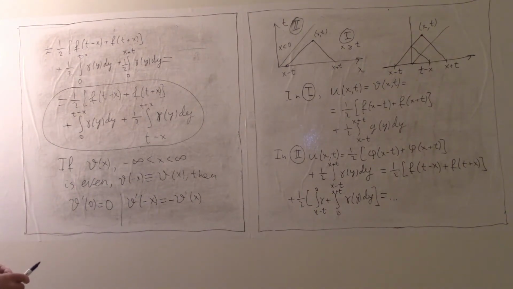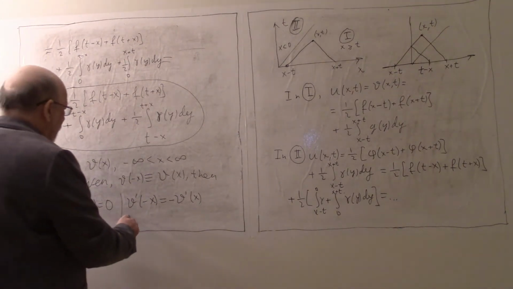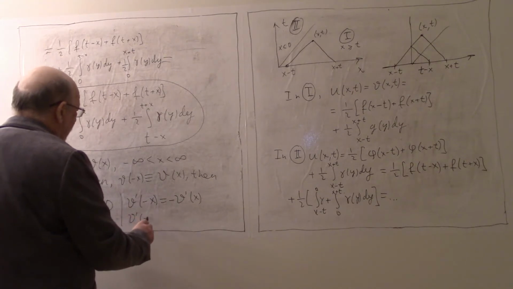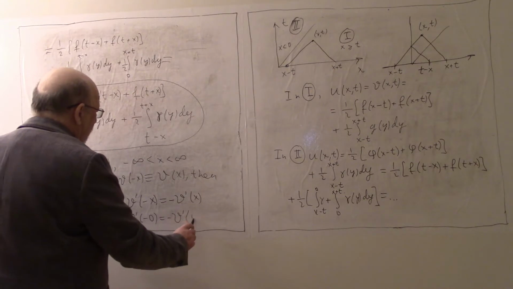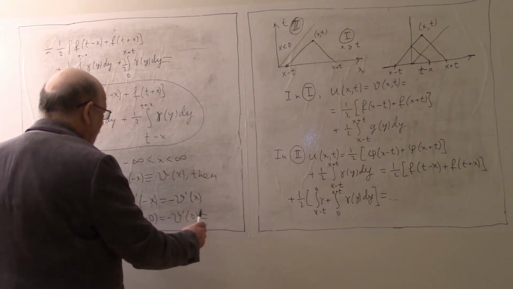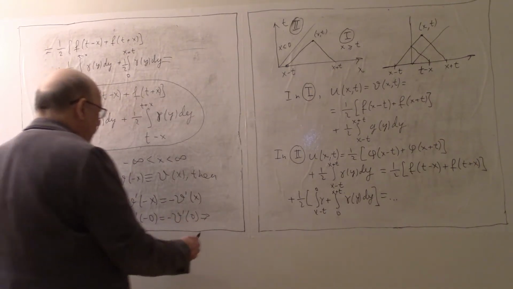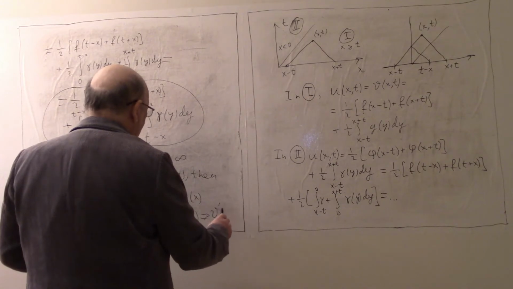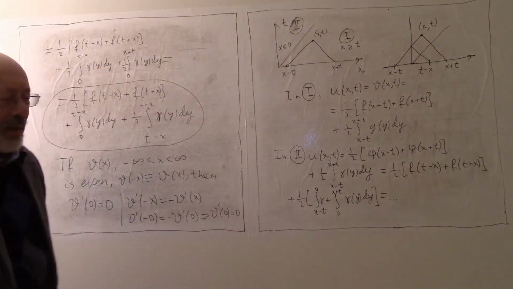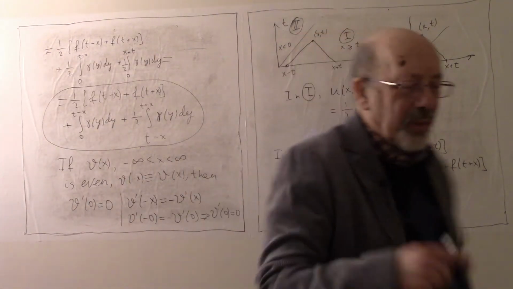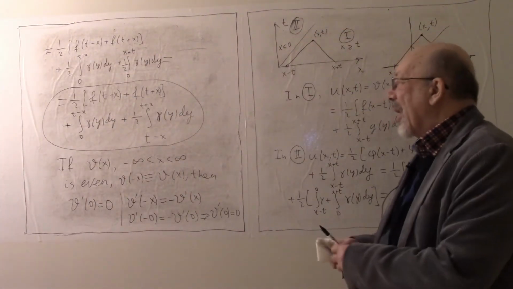So v prime of minus 0 equals minus v prime of 0, which means that v prime of 0 equals 0, the only number such that minus this number is the same.